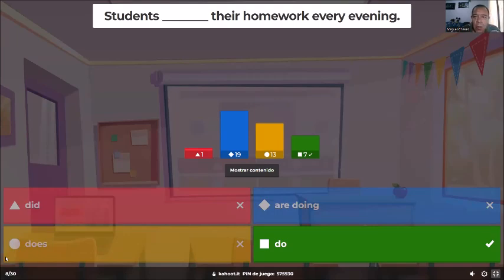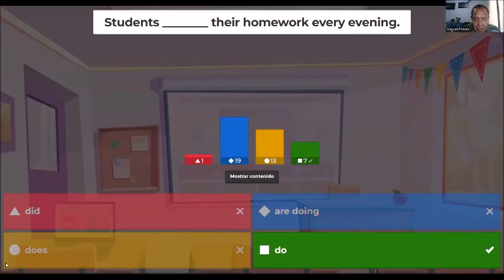Students do their homework every evening. This shows a habit, okay? A repeated action.